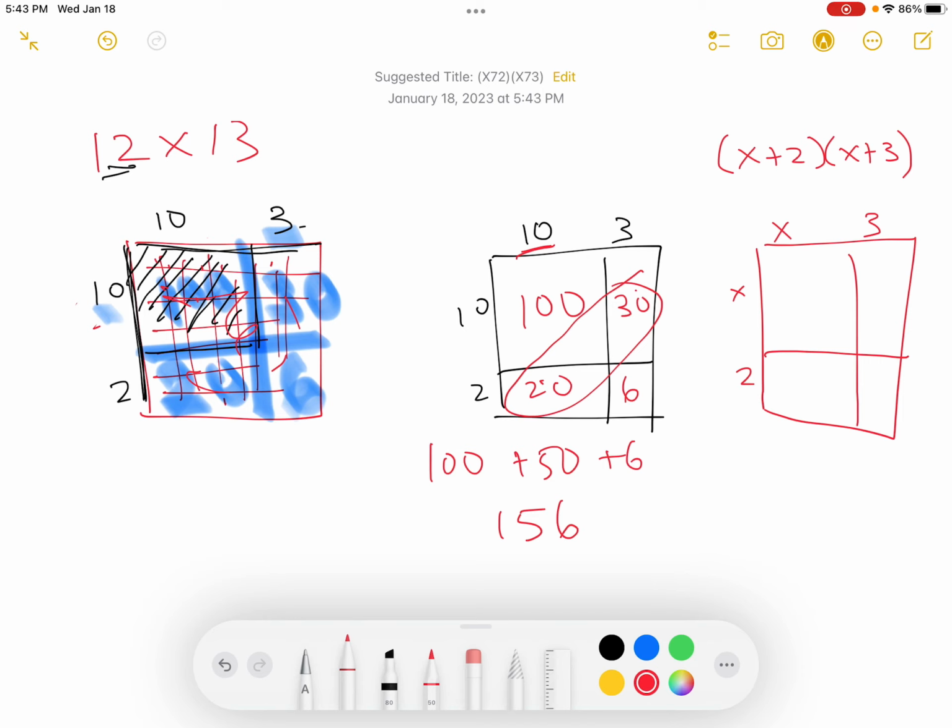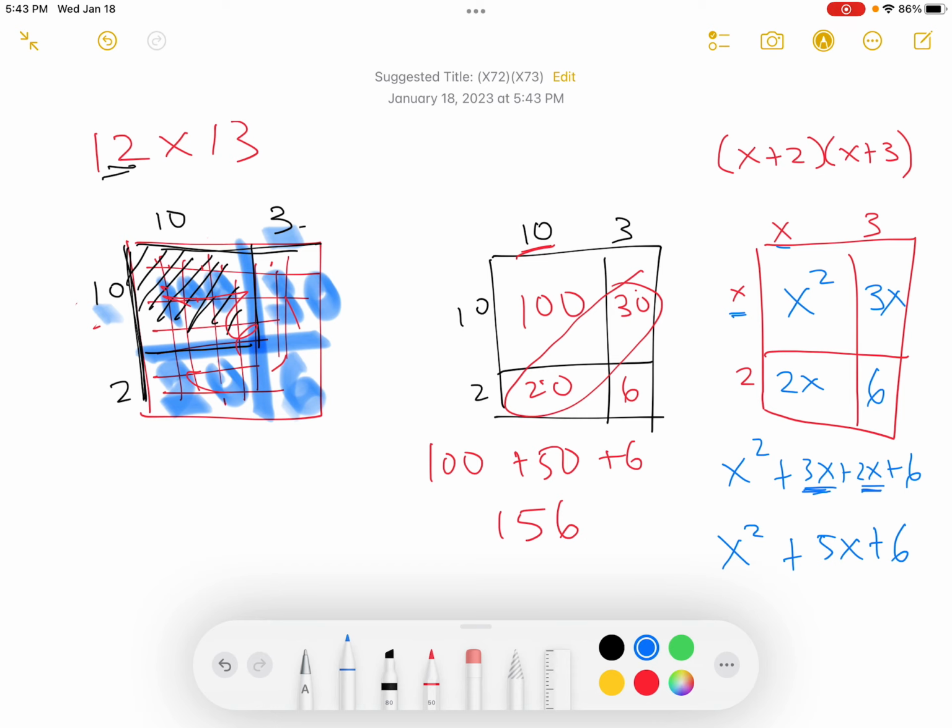So if I multiply this out, then I've got x times x is x squared, x times 3 is 3x, 2 times x is 2x, 2 times 3 is 6. So writing all those different things out, I've got x squared, 3x, 2x, and 6. Now 3x and 2x, these are like terms. You can always combine things that are like terms. So x squared plus 3x plus 2x is going to be 5x plus 6, and that's the answer.